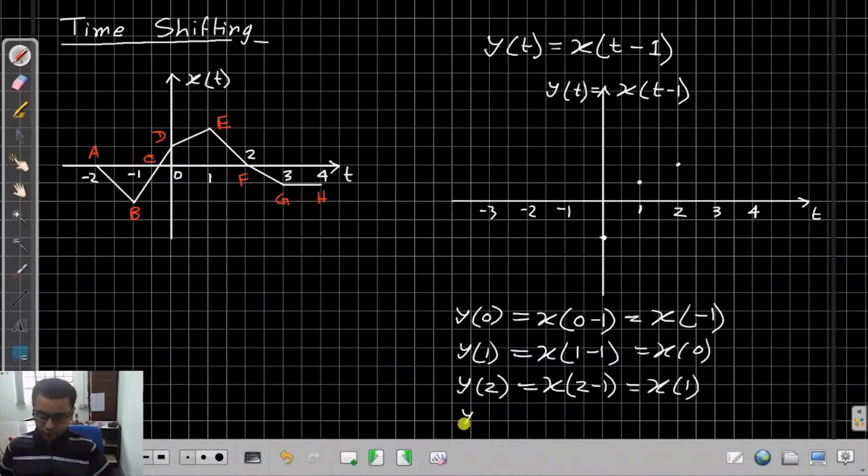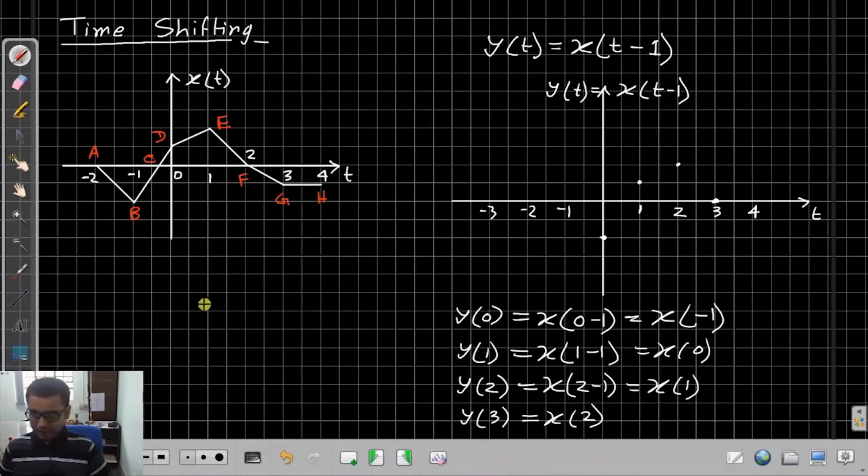Similarly, y3 will be x of 2, x of 2 is 0, so we mark this point, and then you can keep going.